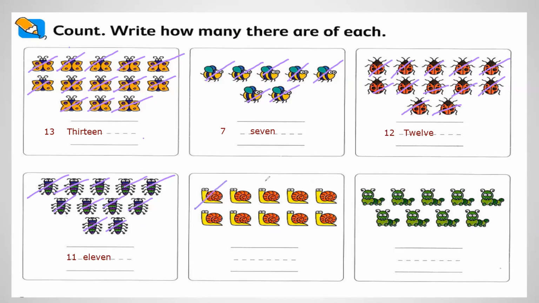Here, count 1, 2, 3, 4, 5, and 6, 7, 8, 9, and 10. And 10 is so easy. It's T-E-N. The last one, count with me. 1, 2, 3, 4, 5, 6, 7, 8, 9. So how can we write 9? Can you remember? Yes, it's N-I-N-E, 9.